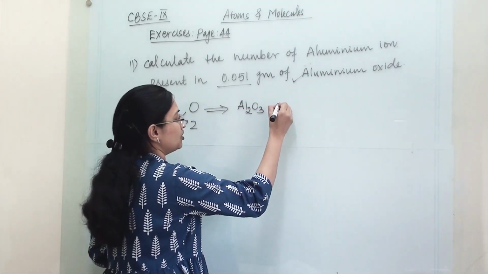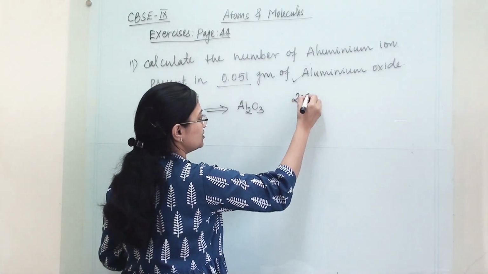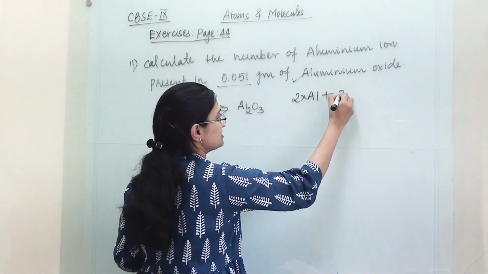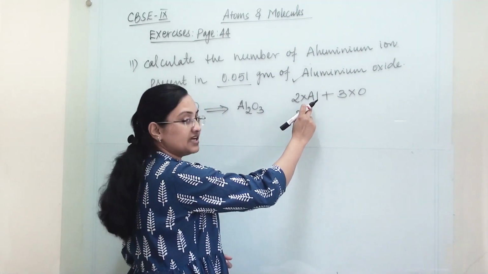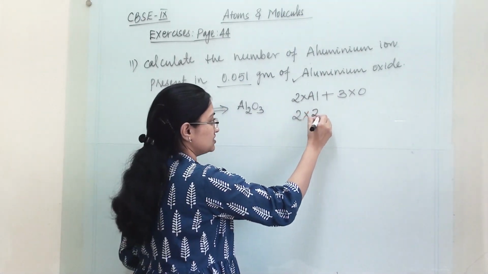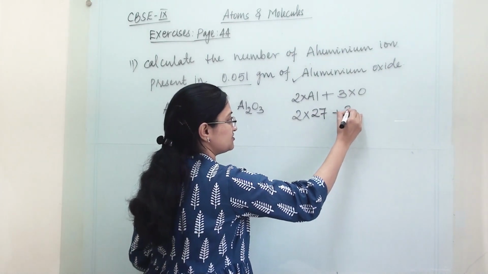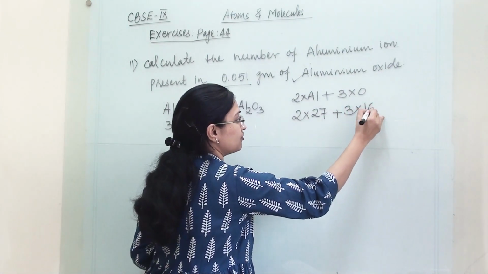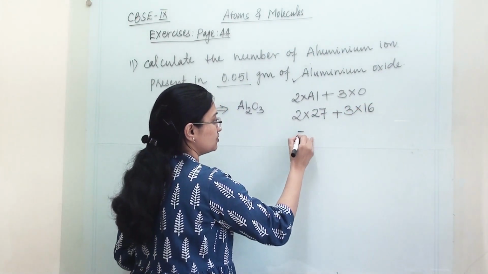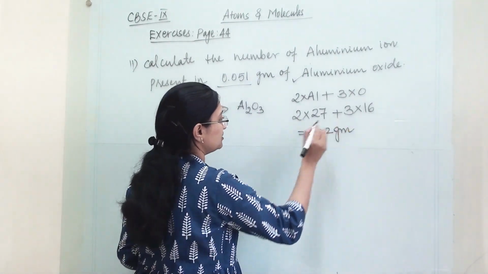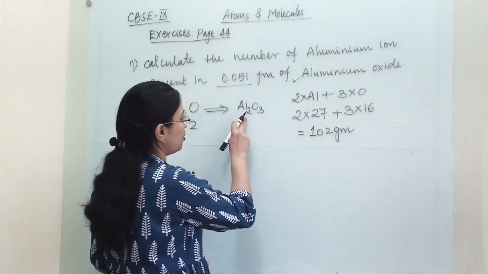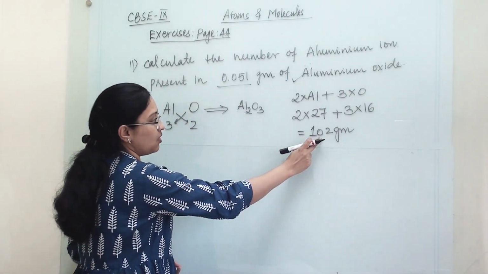Now what will be the molecular weight? 2 into Al plus 3 into oxygen. Here we write aluminium's atomic weight, so this is 27, plus 3 into the atomic weight of oxygen, which is 16. So combined it is 102 gram. So this is the molecular weight of aluminium oxide.